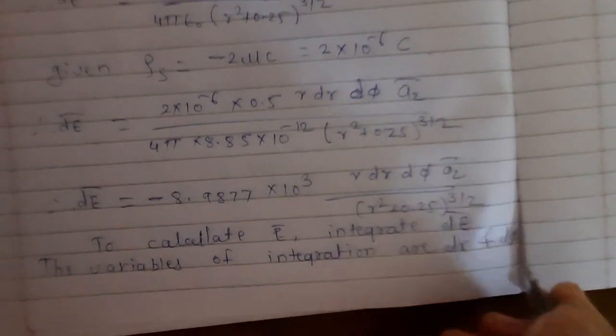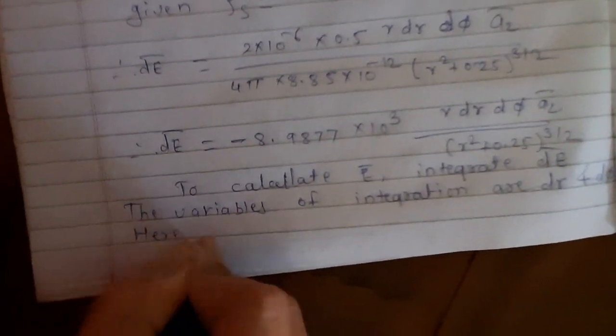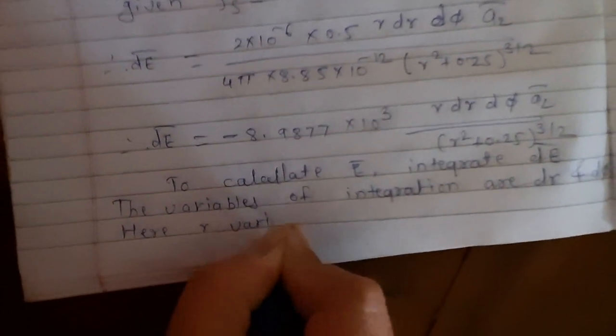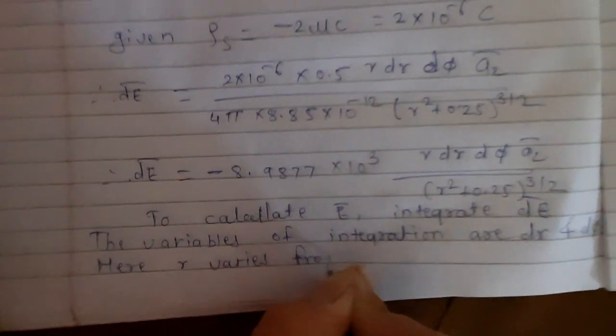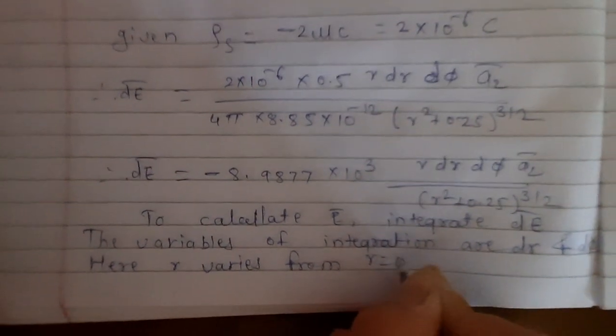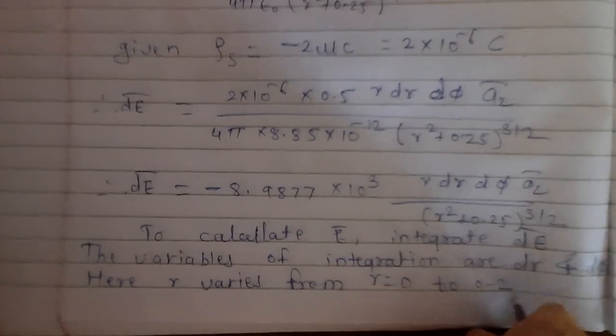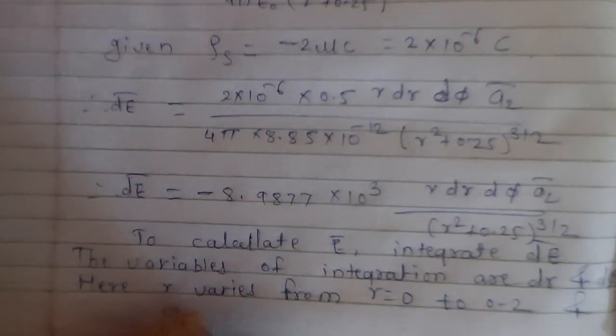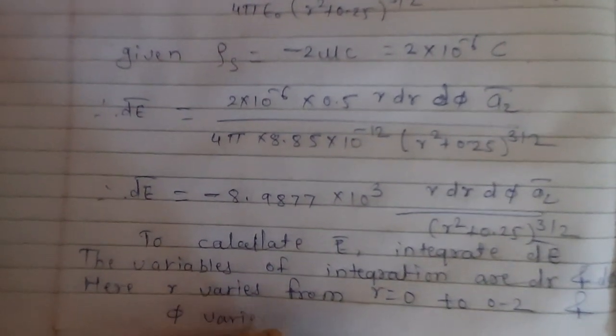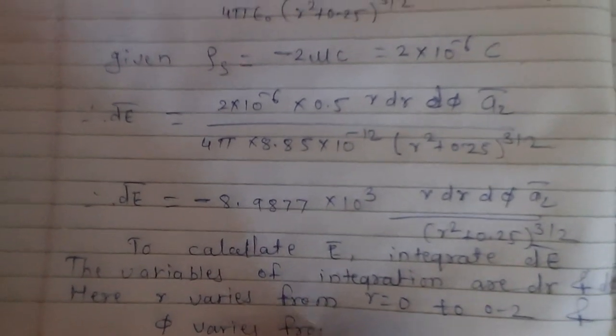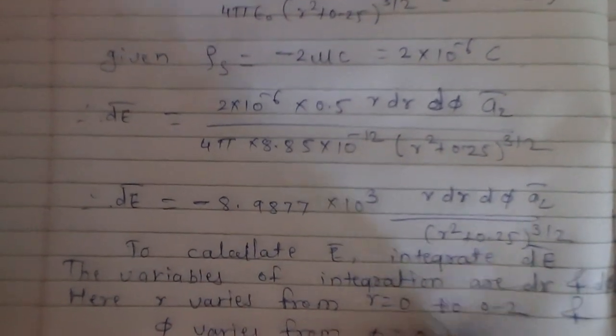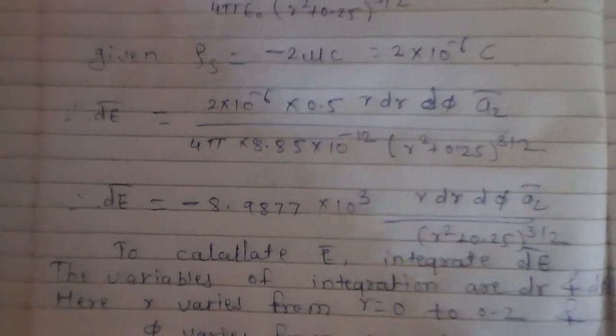So here r varies from r is equal to 0 to 0.2 and phi varies from phi is equal to 0 to 2 pi.